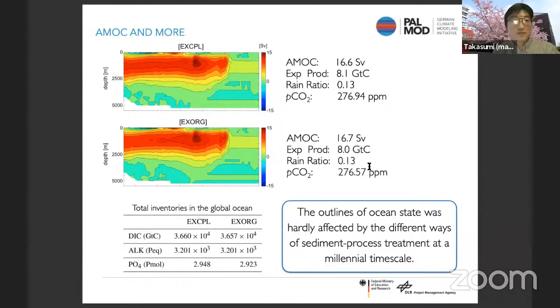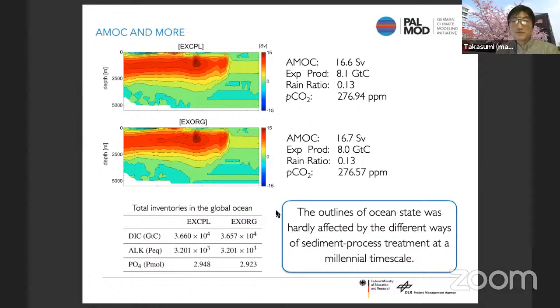Before I show you the results about sediment, first I show you the bulk, or globally integrated, quantities or properties of the ocean physical and biogeochemical state. It includes the AMOC stream function for the two experiments, X-couple and X-org, export production, the global rain ratio, pCO2, and also the total inventories for some species for those two experiments.